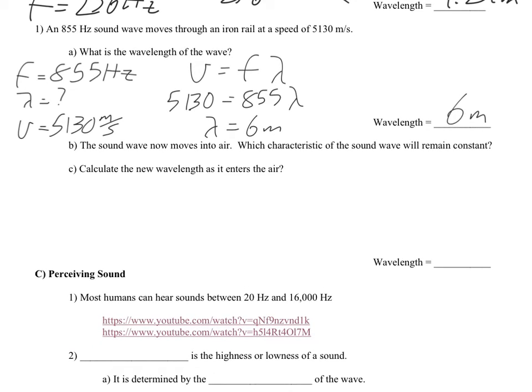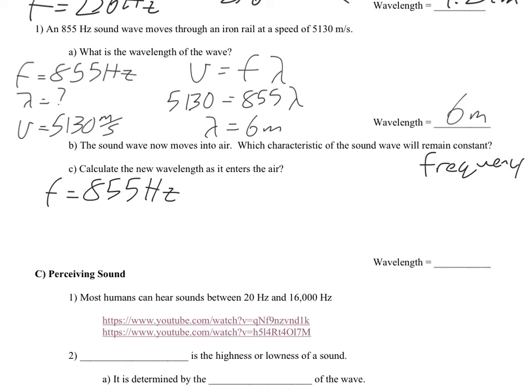The sound wave now moves into air. Which characteristic of the sound wave will remain constant? Like we said before, the frequency will remain constant, as will the period, but the frequency is the important thing for this next calculation. So calculate the new wavelength in air. So let's see, the frequency is the same, so that doesn't change. F equals 855 hertz.